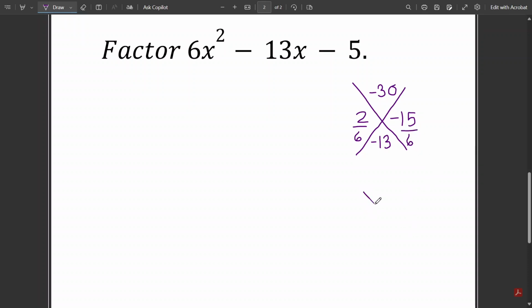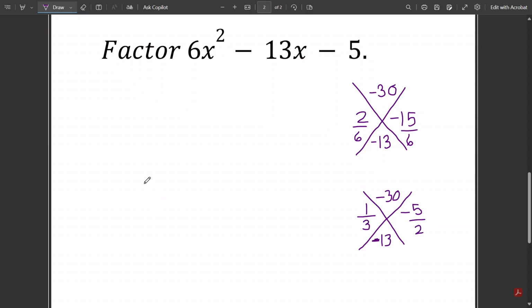All right, so now I'm going to draw a simplified magic x here. So this becomes 1 over 3. And this one is negative 5 over 2.